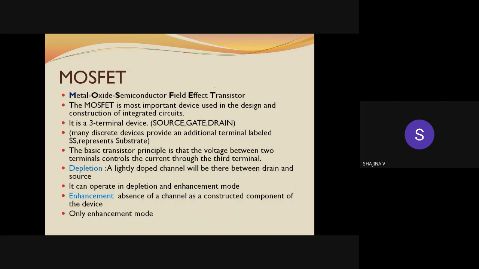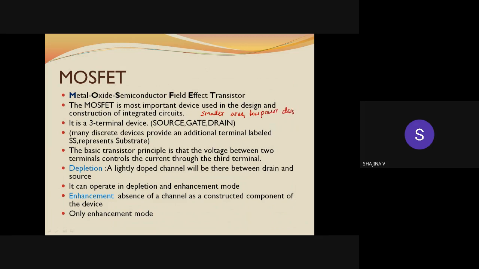Coming to MOSFET, as the name indicates, it is metal oxide semiconductor field effect transistor. This MOSFET is an important device used in the design and construction of integrated circuits. The main reasons for using MOSFET in ICs are its smaller area requirement and low power dissipation.